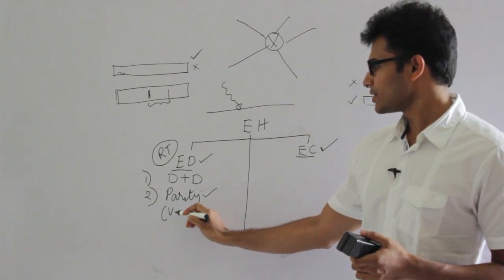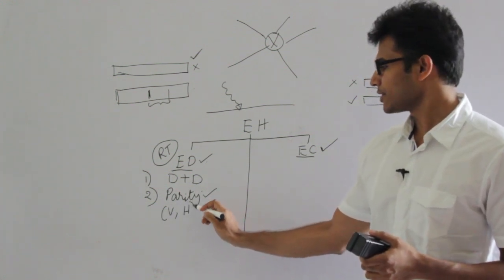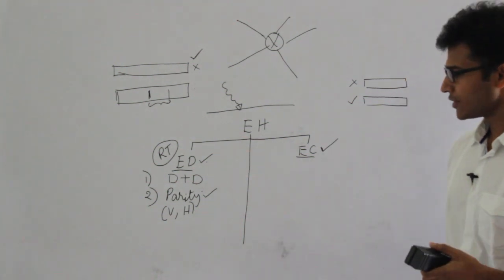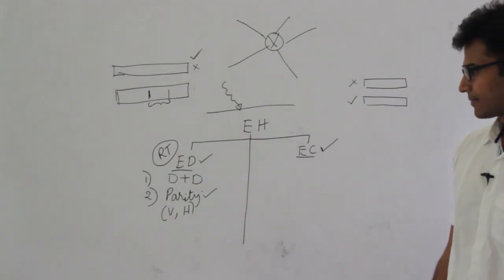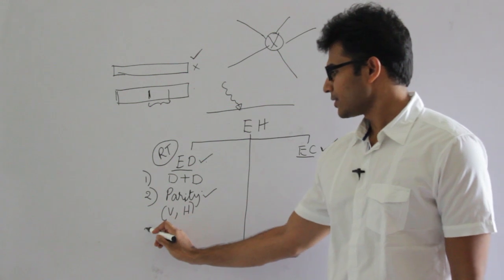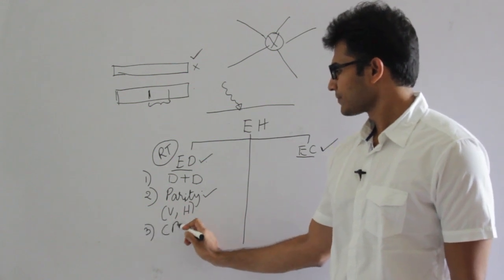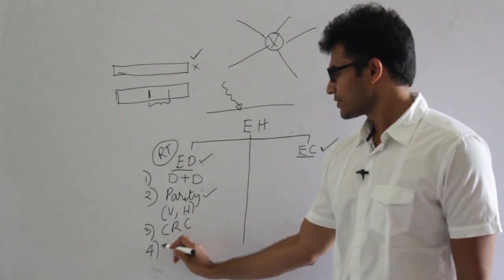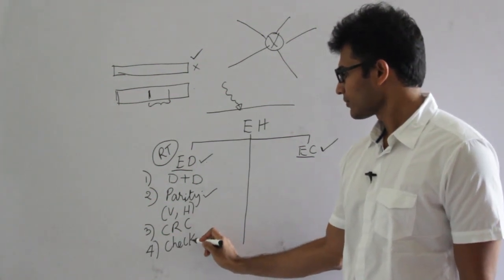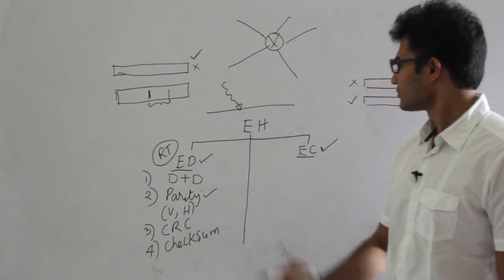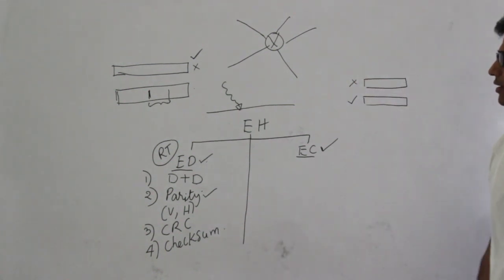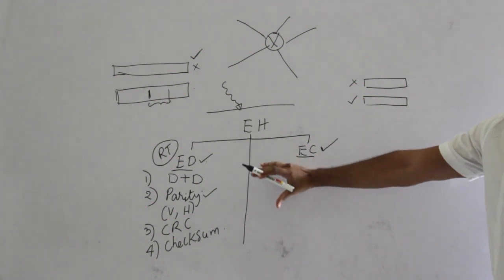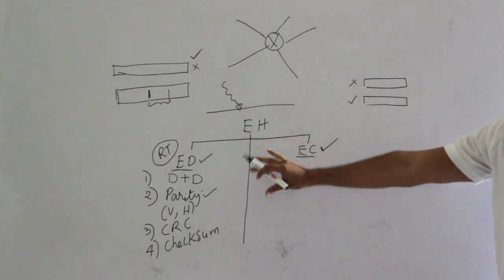One is vertical parity checking and the other is horizontal parity checking, and there are various ways you could play with this parity checking. And then the third method is CRC, cyclic redundancy check, and the fourth method is checksum. So these are various popular methods, even though we have many more, but these are the popular ones.